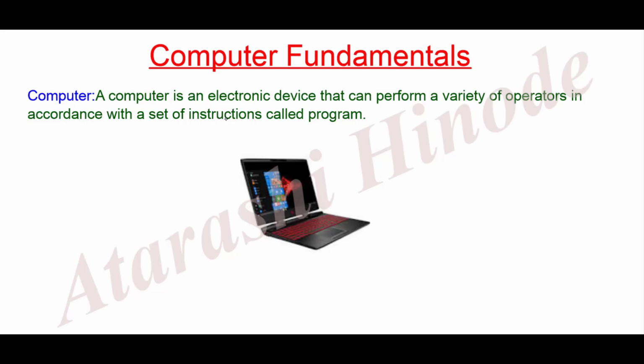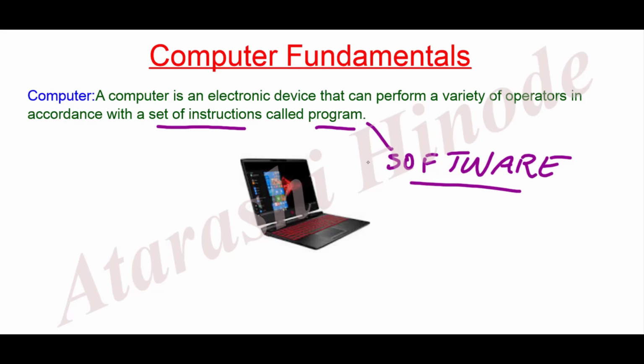What can computers understand? This is where a set of instructions comes in. These sets of instructions are also called a program, or sometimes we refer to it as software.